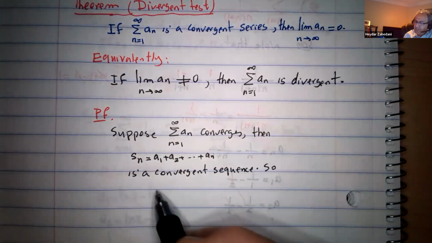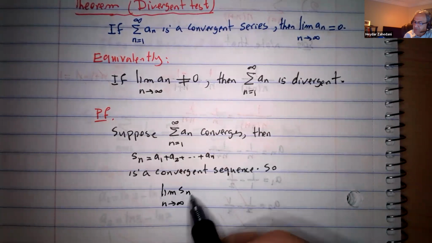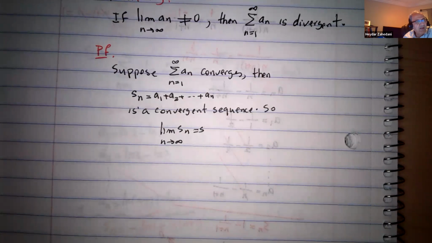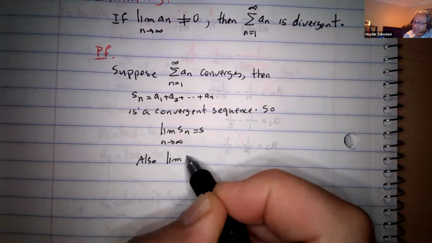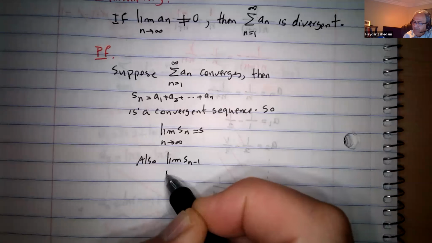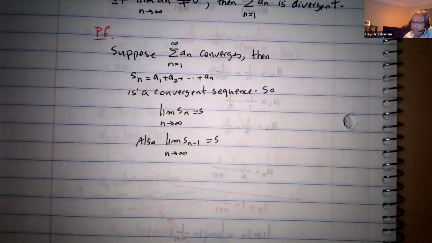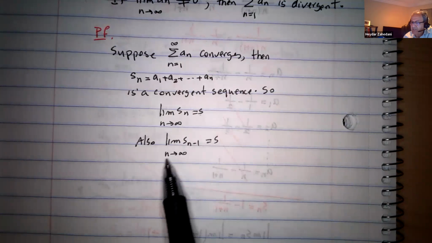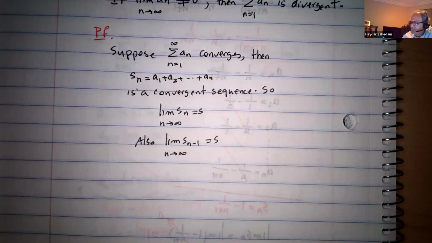So the limit of Sn as n goes to infinity would be S. Also, the limit of S(n-1) as n goes to infinity is equal to this. It means if you add n terms of the series, the limit is S. It doesn't matter, because n goes to infinity, if you add n minus 1 it would be the same thing.